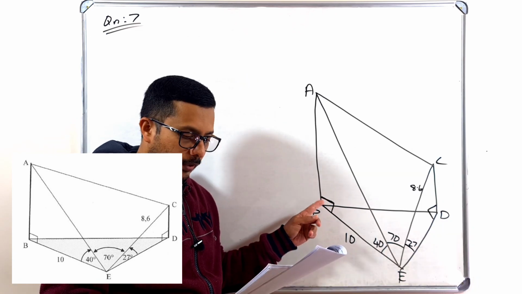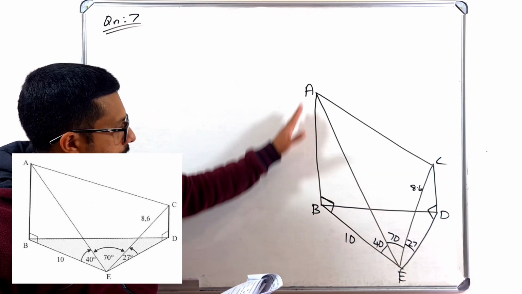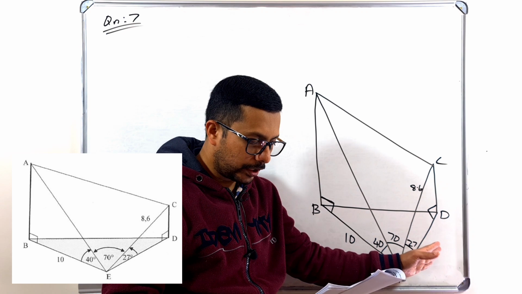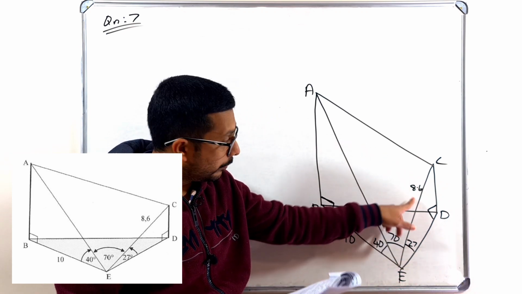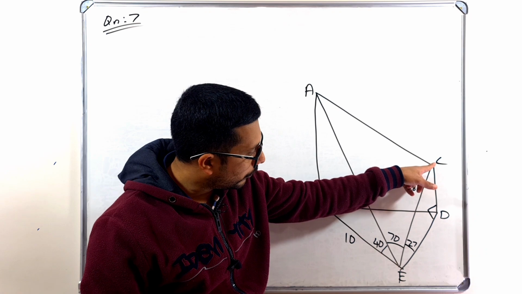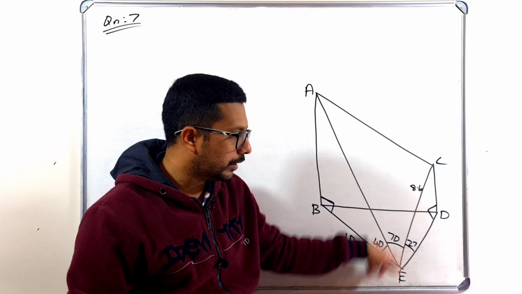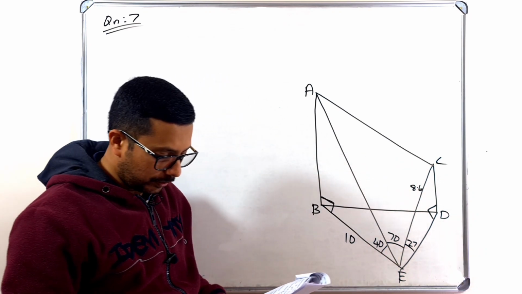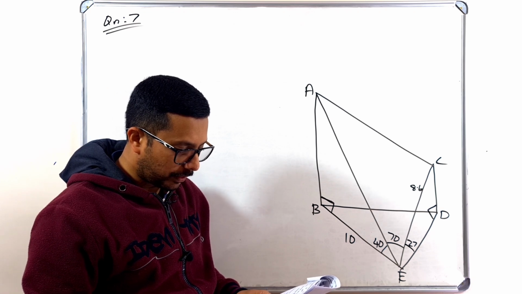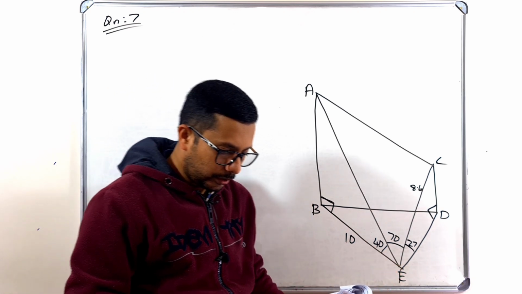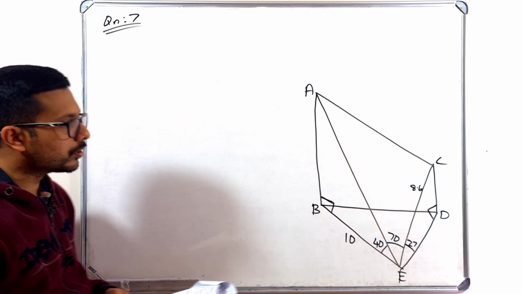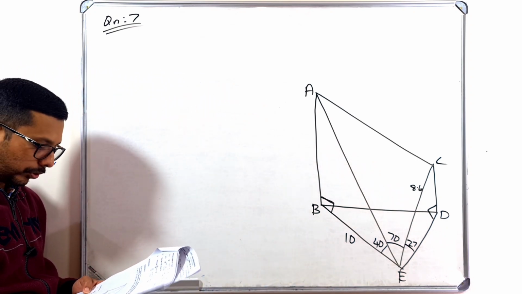So this is the given diagram, and here they are saying that A, B and C, D are vertical poles, and all these angles and this length, the 8.6, that means CE, the total length from here to here, this length is 8.6 meters. This length is 10 meters, and all the angles. Okay, so based on that diagram you have to answer the following questions.